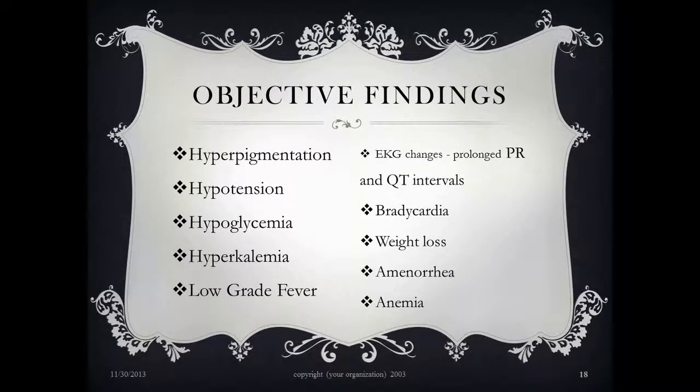Objective findings would be hyperpigmentation, hypotension, hypoglycemia, hyperkalemia, a low-grade fever, EKG changes with a prolonged PR and QT interval, bradycardia, weight loss, amenorrhea, and anemia.